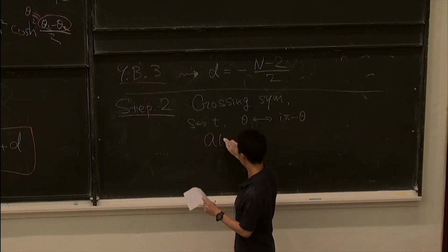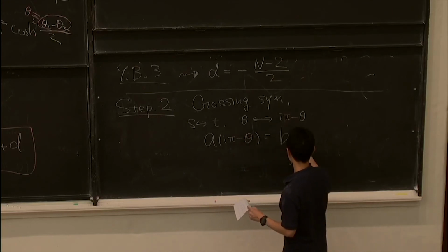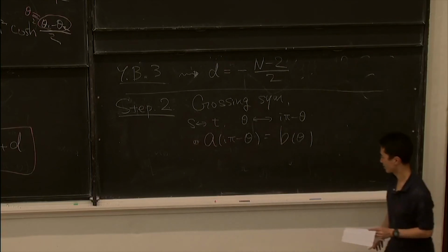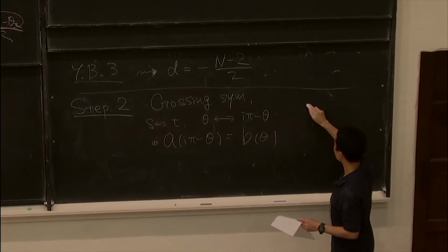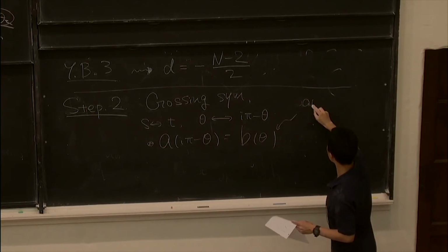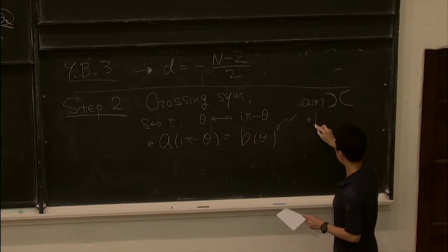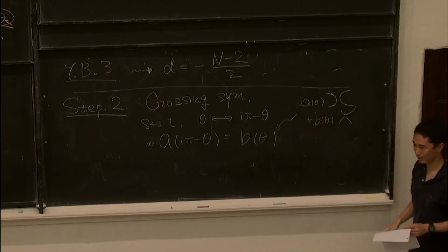this crossing equation boils down to two equations. One is this equation. This equation is actually easy to understand because A was related to this kind of contraction of indices, whereas B was related to this kind of contraction of indices.